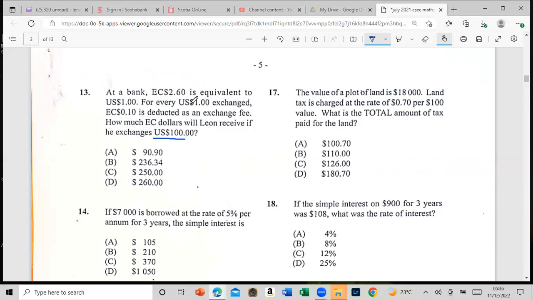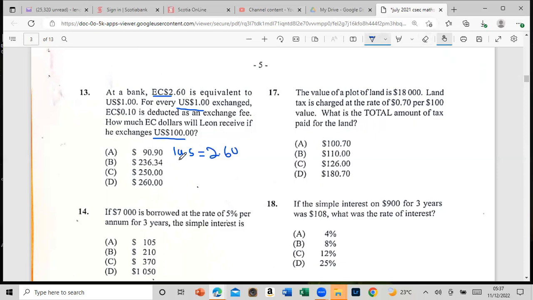So we could just write all the information. This is the key: 1 US is equal to $2.60.